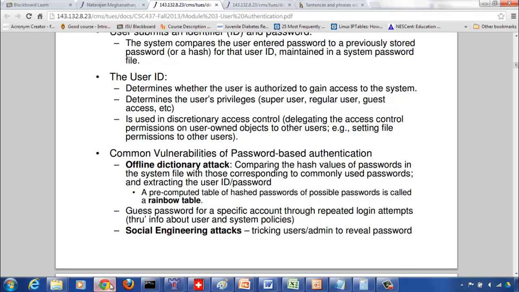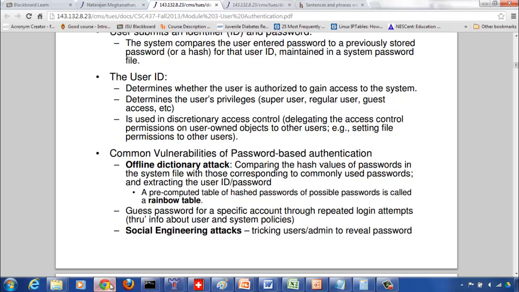An attacker could try to get access to the password file, and even though the password file may have the hash values of all the user passwords, he could run each of those words in the rainbow table through a hashing algorithm and see whether any hash values match, and if there's a match, then that is the password for the corresponding user account.